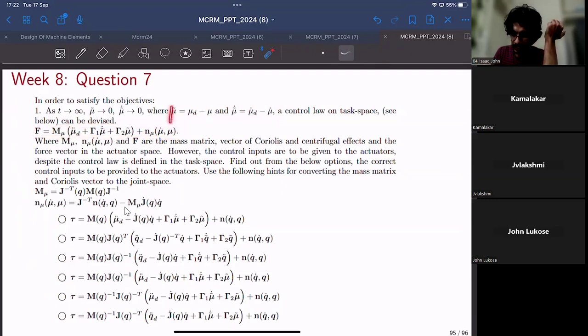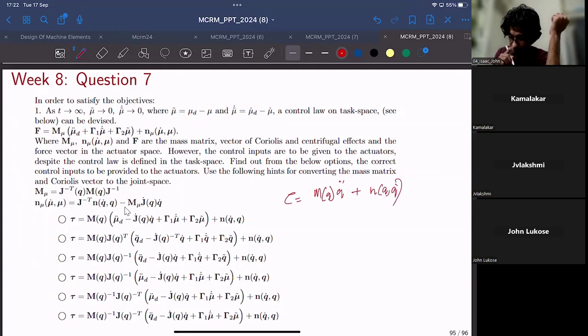So even though the trajectory is defined in task space, the control should be defined in joint space. So tau would be M(q) q double dot plus n(q, q̇). If this is the control law in task space, how do you write the control law in joint space?